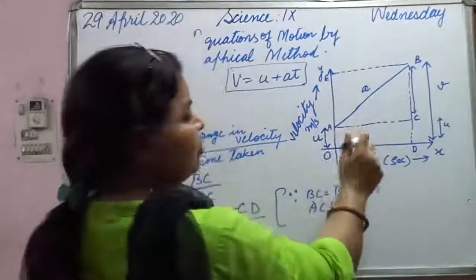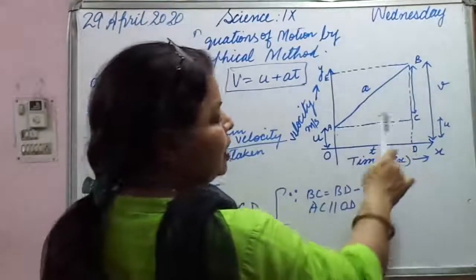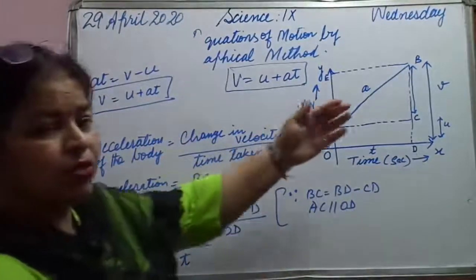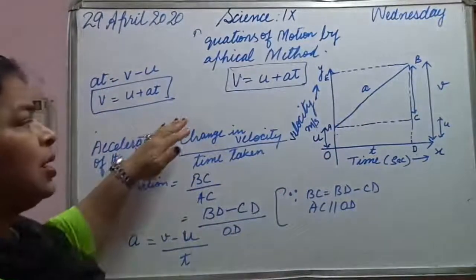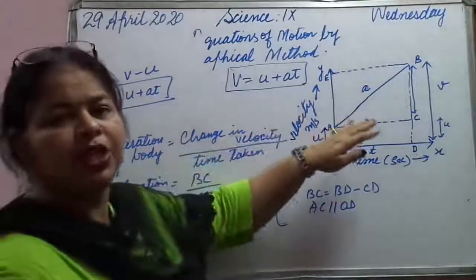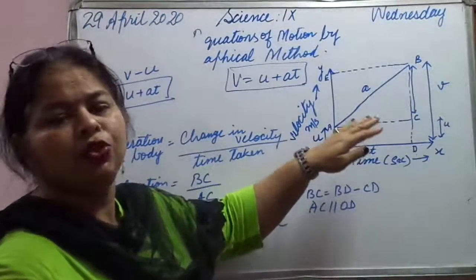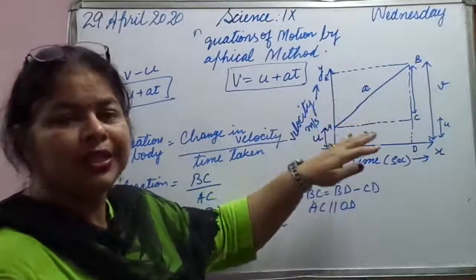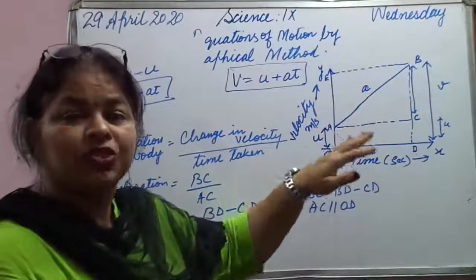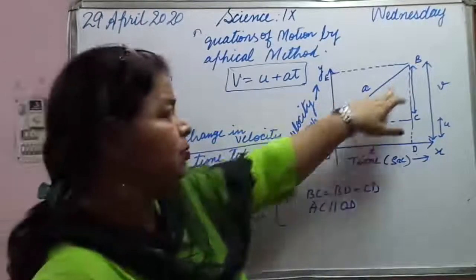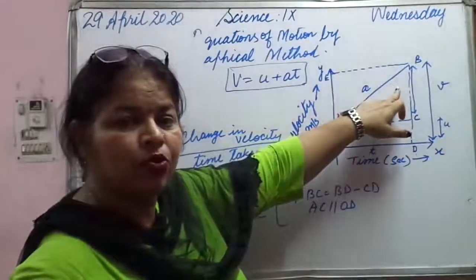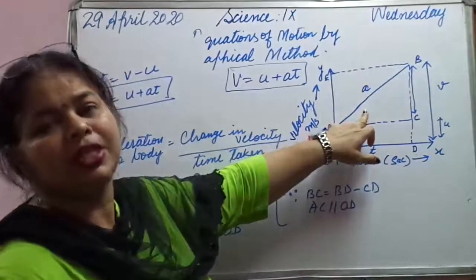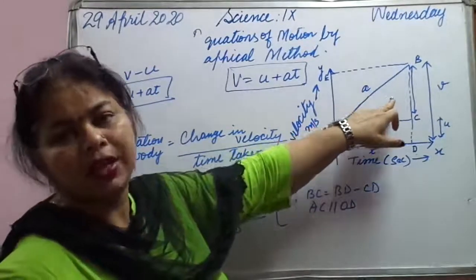Another construction is that we are drawing AC parallel to OD. Because this is an object which is moving in uniform motion, the velocity-time graph is a straight line, that is AB.